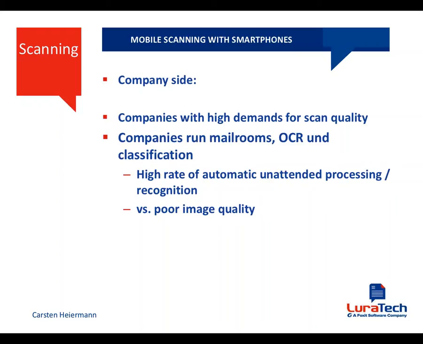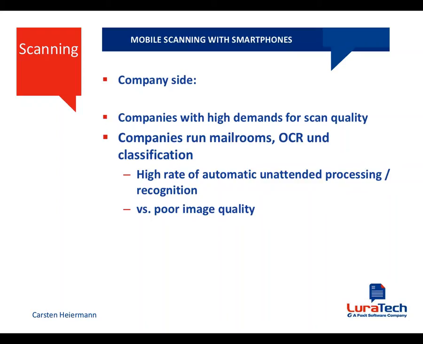You have all kinds of distortions, all kinds of reduced resolutions, and a lot of other problems probably sitting in there. And the real problem those companies face is that there is no longer a high rate of automatic unattended processing, but there is all of a sudden, with all of these email attachments that are quote unquote scanned by their consumers, 100% of manual work required to classify those documents.